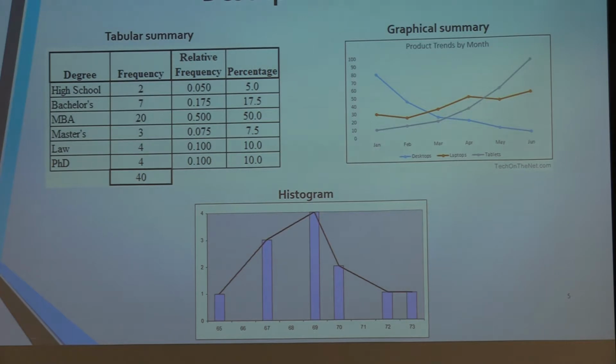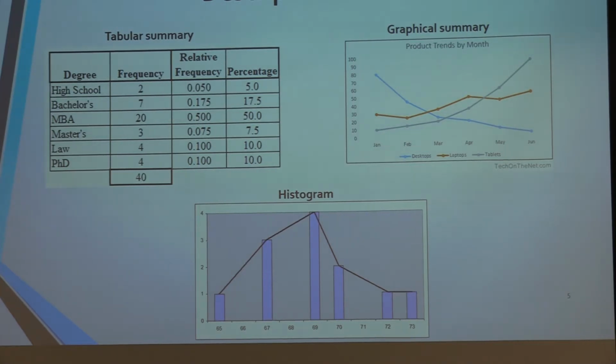Okay. This is a different one. Look at this table, a tabular summary. What kind of information do you think this table collects? Maybe it collects some participants' degree information, right?